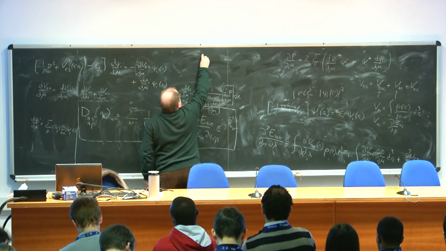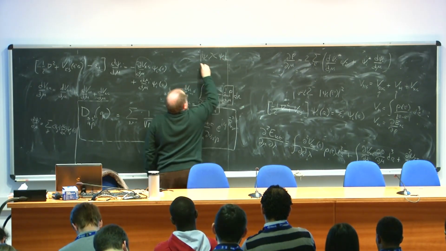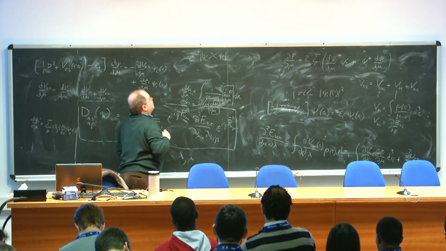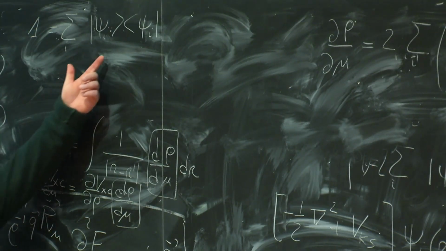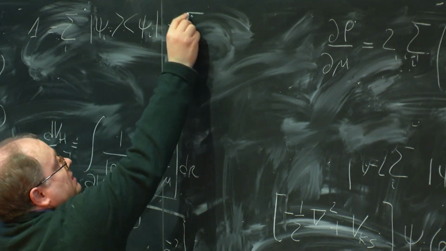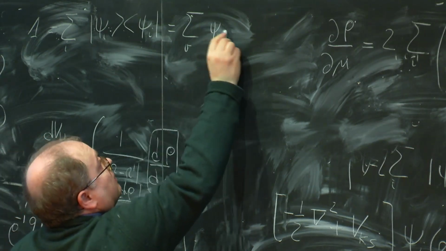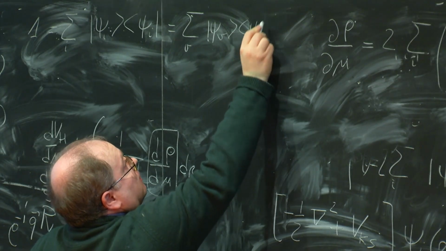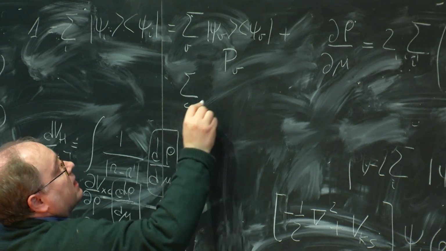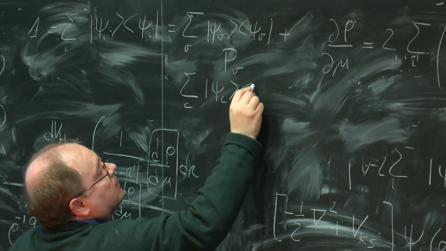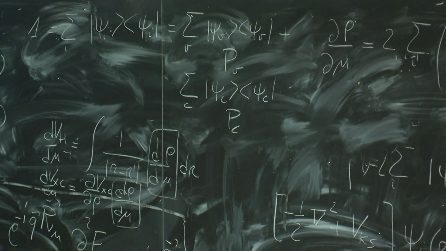Basically, if we write Psi and sum over all the states, valence and conduction, this is an identity. These are the unperturbed states. And I can write this as the sum over the occupied states that I indicate with V, which I call projector in the valence band, plus the sum in the conduction part that I call projector in the conduction band.